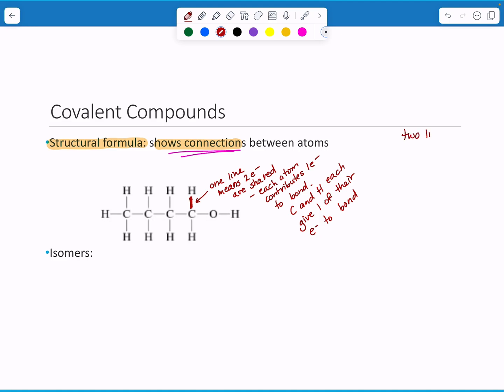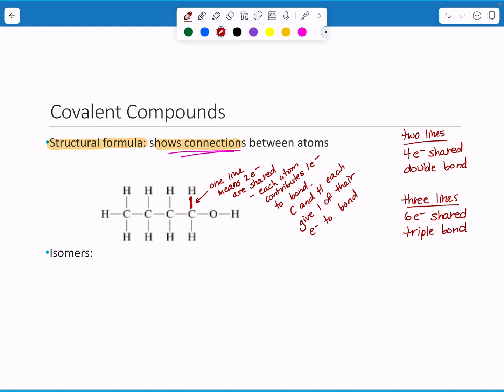2 lines means 4 electrons are shared because each line is 2 electrons. Okay, and that's called a double bond. And then 3 lines, and this is as high as we go with covalent bonds, means 6 electrons are shared, and that's called a triple bond.